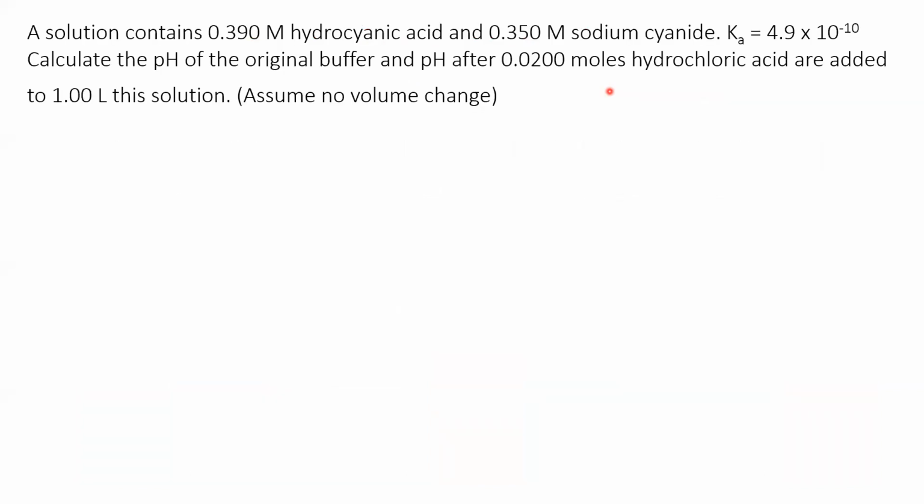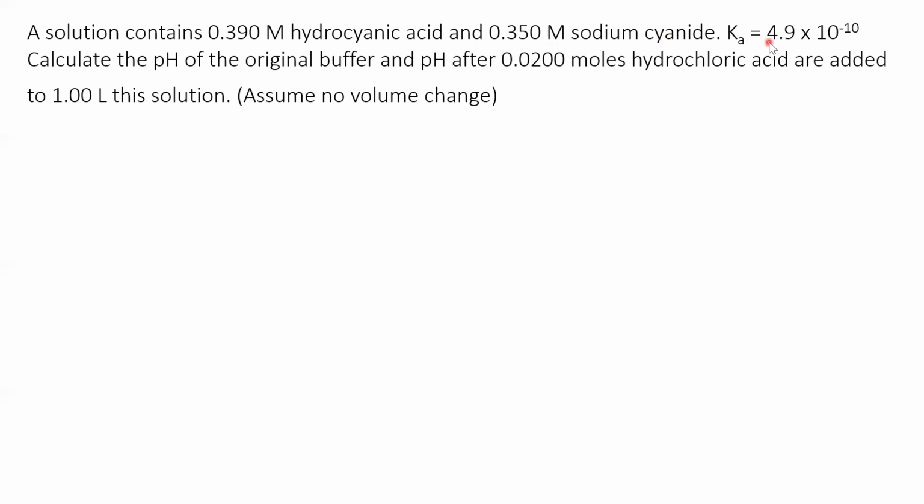So let's look at a question. We have a 0.390 molar hydrocyanic acid solution that also has 0.350 sodium acetate. So I have a weak acid and a salt of its conjugate base, so I have a buffer solution.